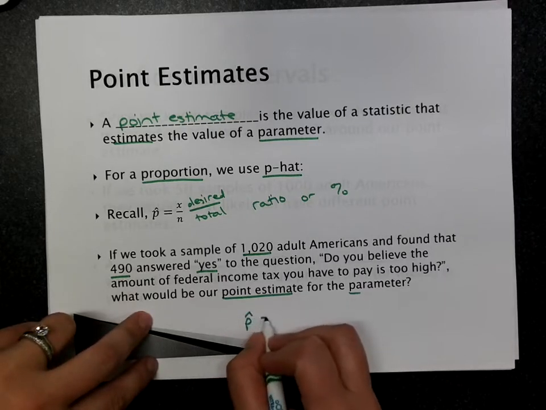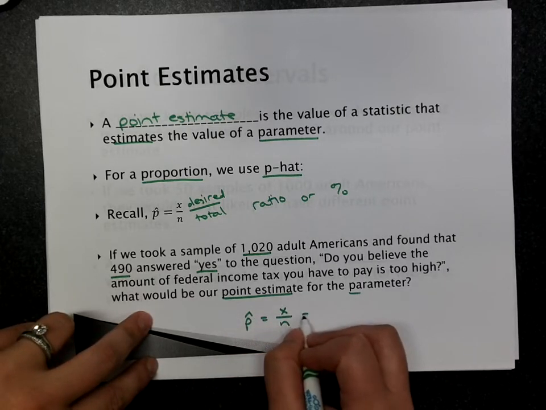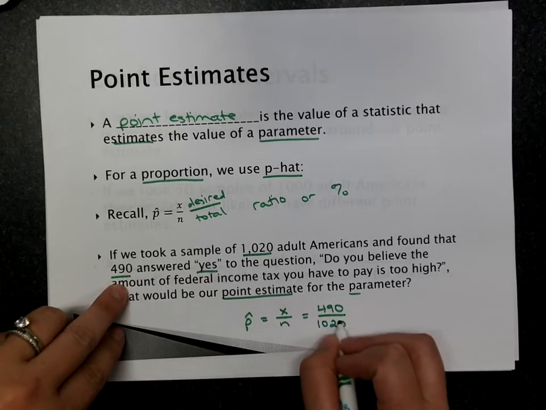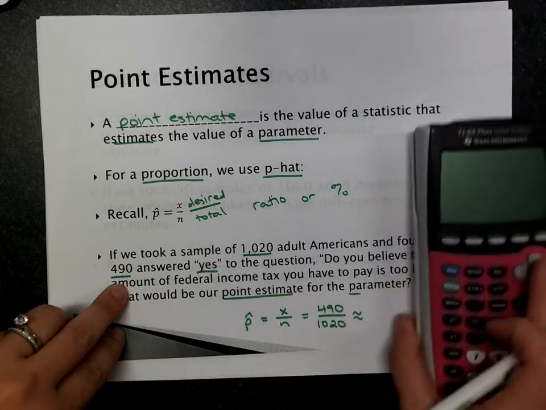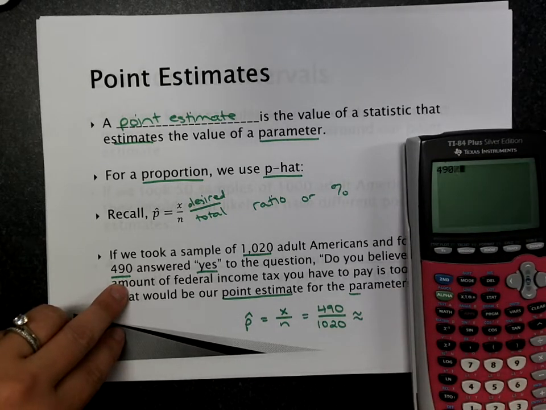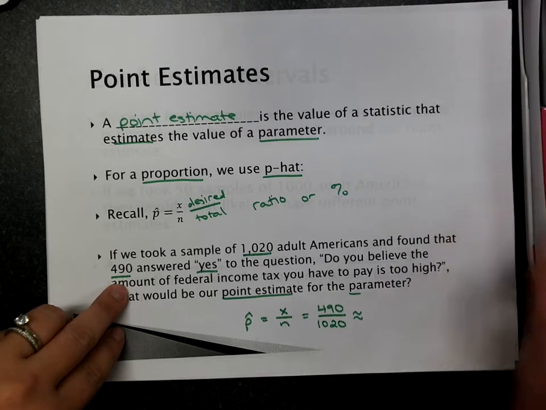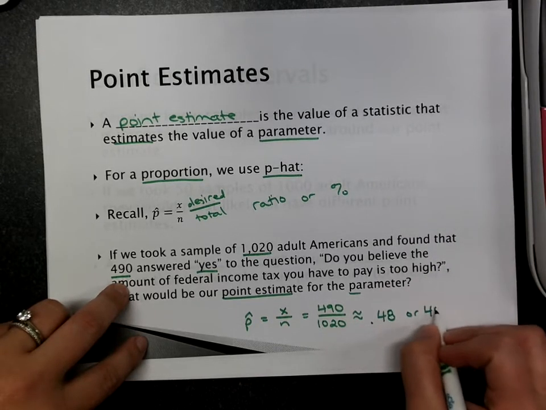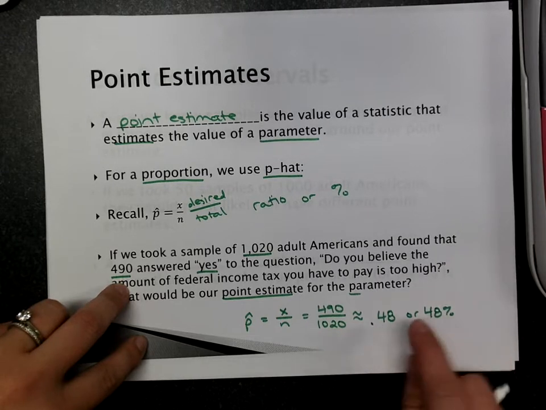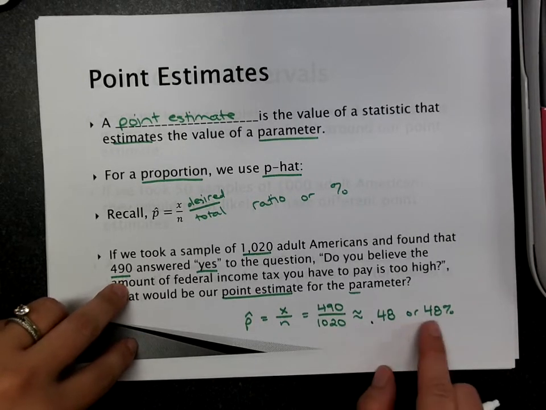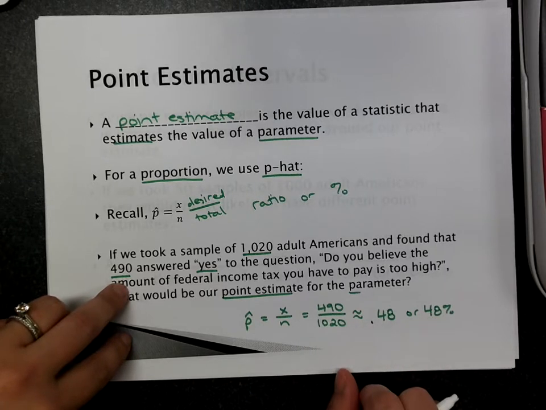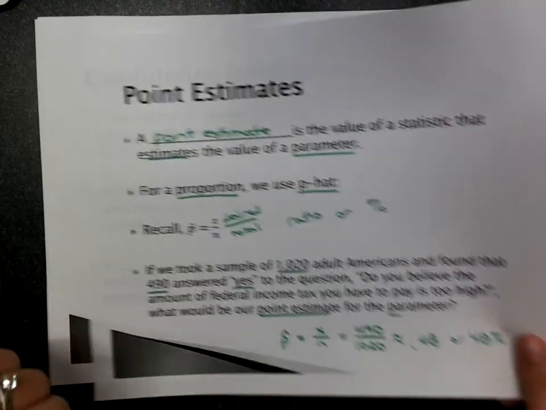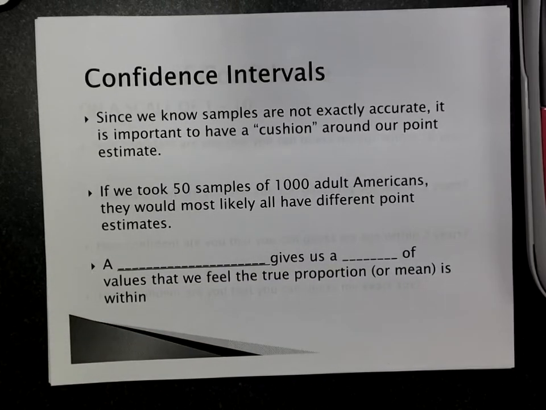P hat would be x over n, which is 490 over 1,020, which is approximately 0.48, or 48%. So we can represent this as a decimal, as a ratio, or as a percentage. All of these mean the same thing, and they're all considered proportions. It's just that easy, nothing complicated about it.